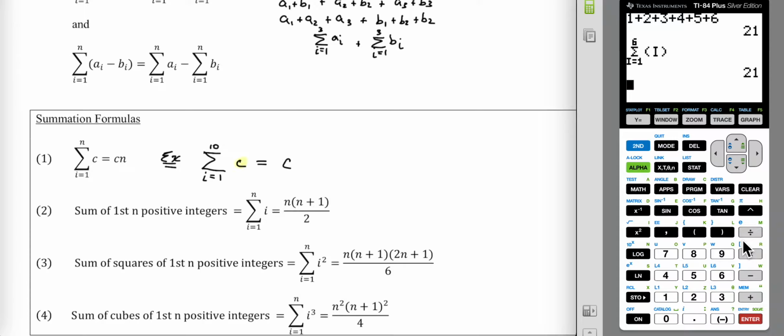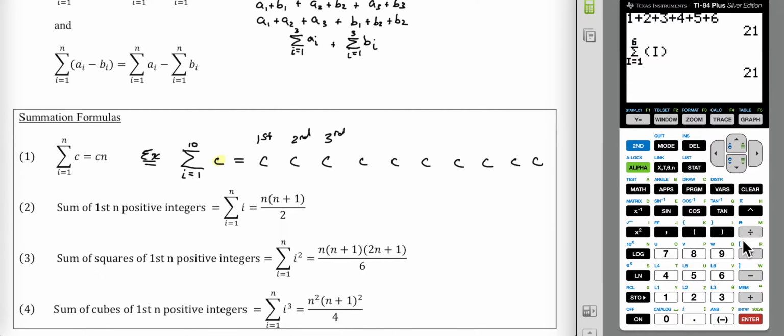So I'd have a c for the first term, a c for the second term, a c for the third, fourth, fifth, sixth, seventh, eighth, ninth, and 10th, all added together with understood coefficients of 1: 1c plus 1c plus 1c, 10 times, is going to give us a result of 10c.